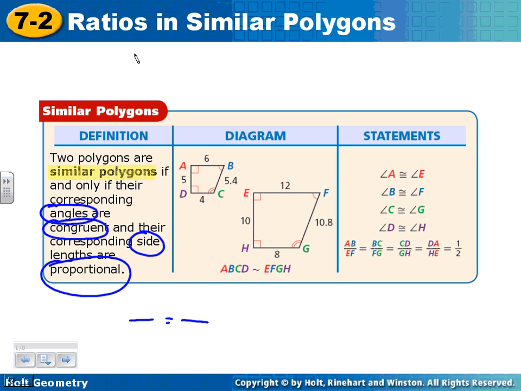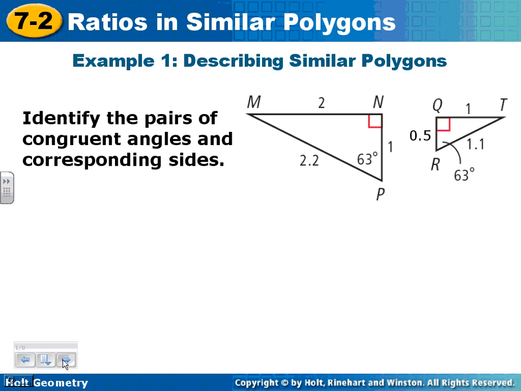With that said, look at the third slide. Identify the pairs of congruent angles and corresponding sides. Well, congruent angles. It looks like angle P is 63 and then angle R. Let's write that down.